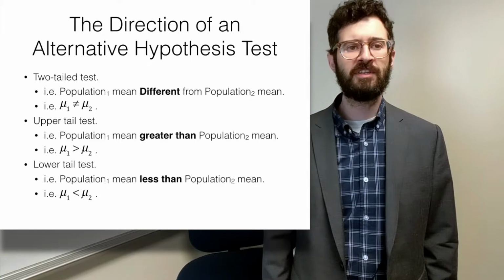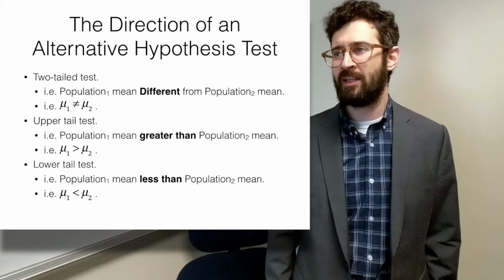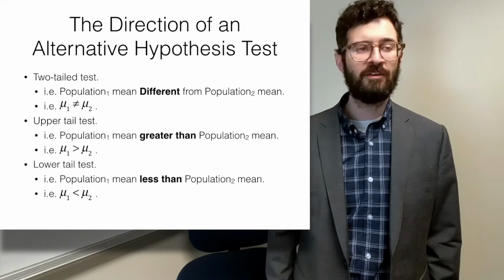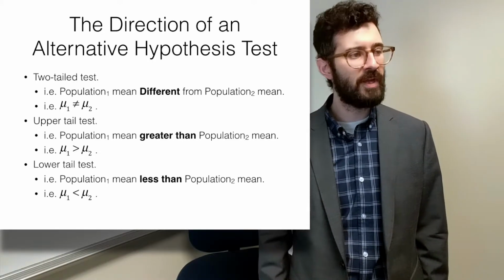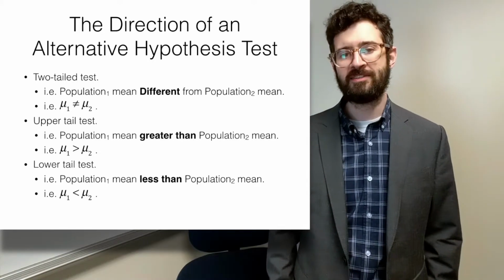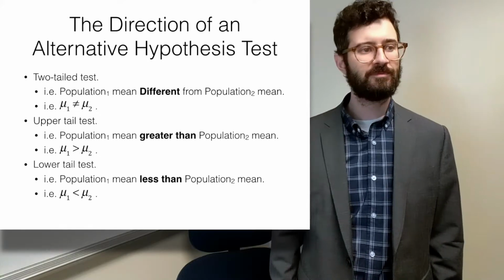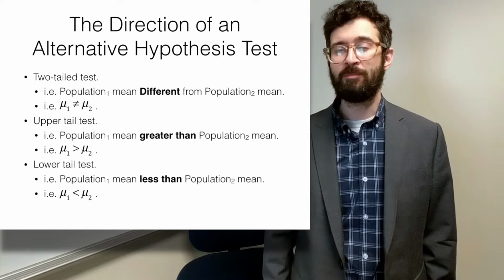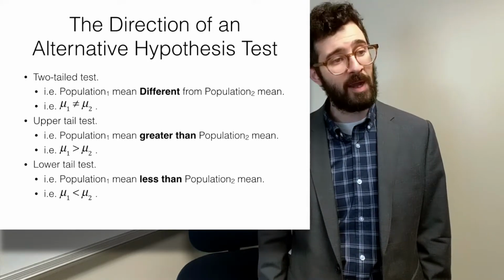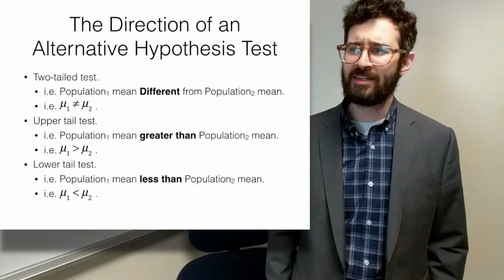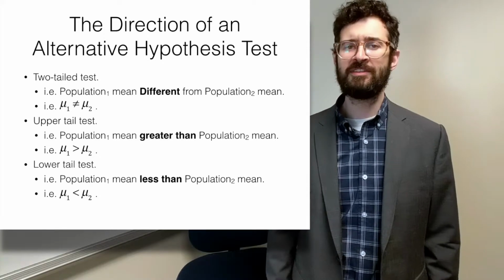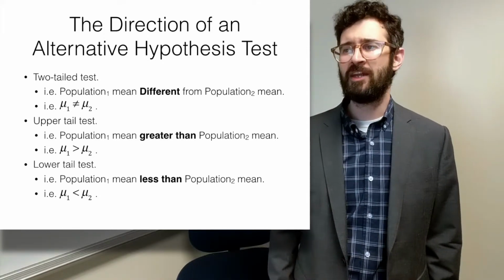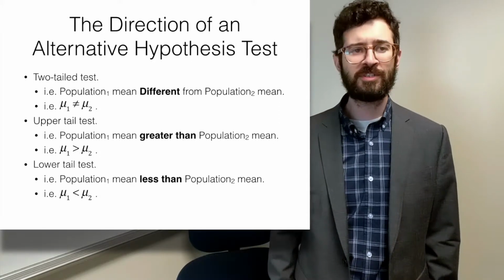And what that effectively means is that I'm making the claim that the population mean in the first population is greater than the population mean in the second population. Alternatively, I can make the claim that the population mean in the first population is in fact less than the population mean in the second population. If I did that, then I'd be doing what is referred to as a lower tail test.